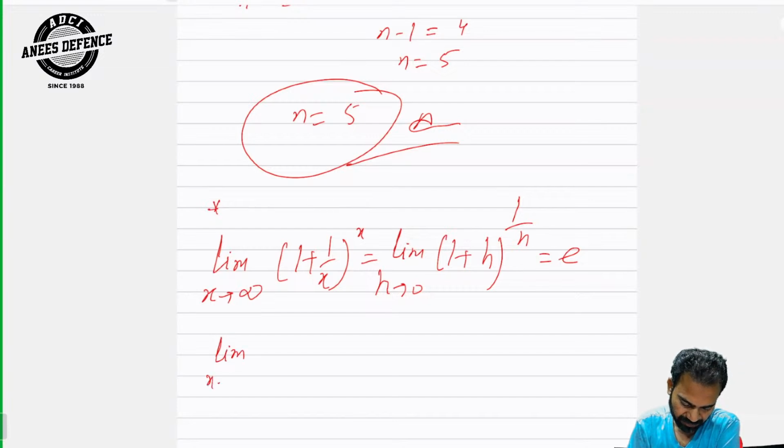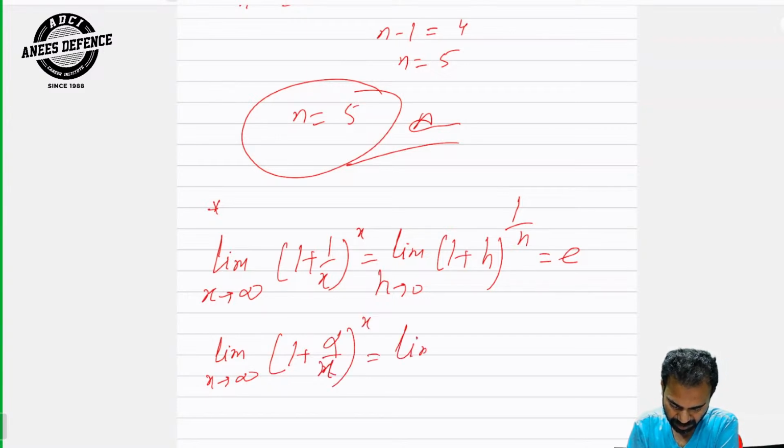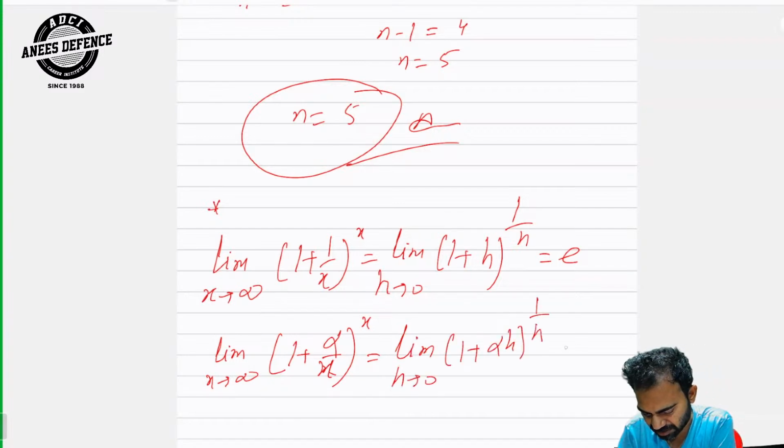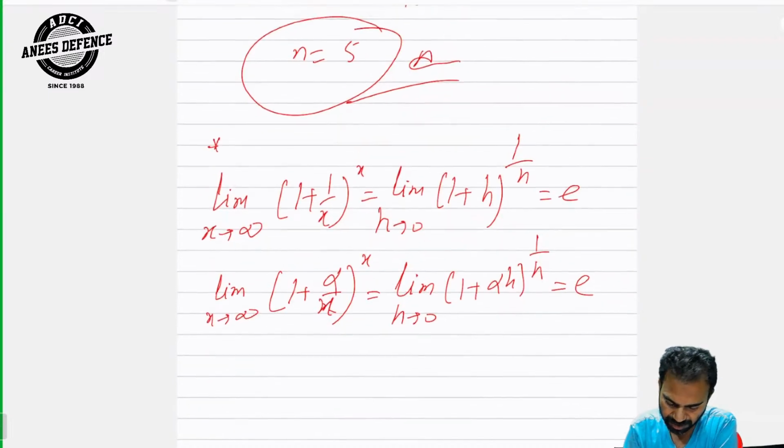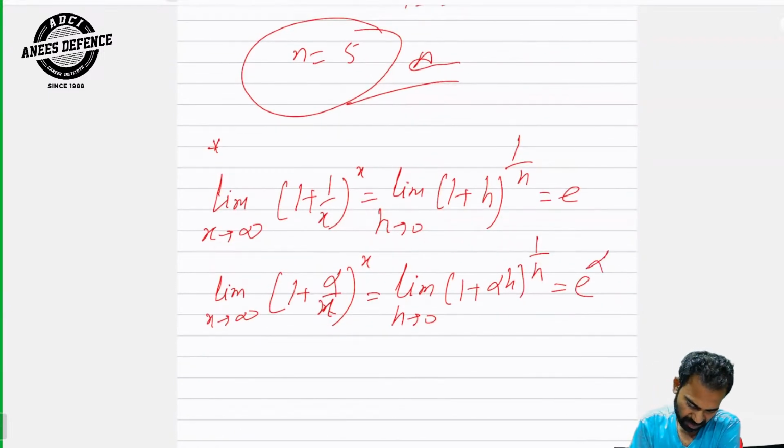So limit x tends to infinity, 1 plus alpha upon x whole to the power x, equals limit h tends to 0, 1 plus alpha h whole to the 1 by h, is equal to e, sorry, e to the alpha.